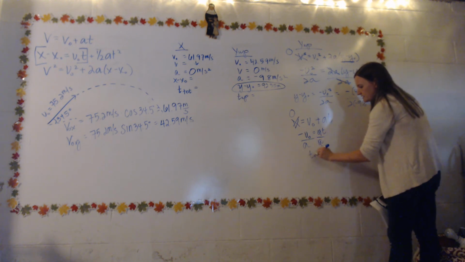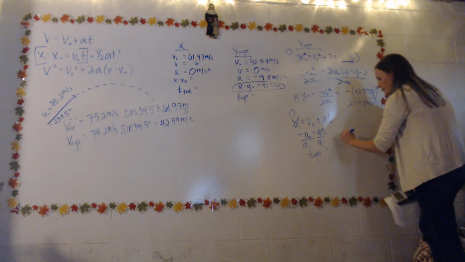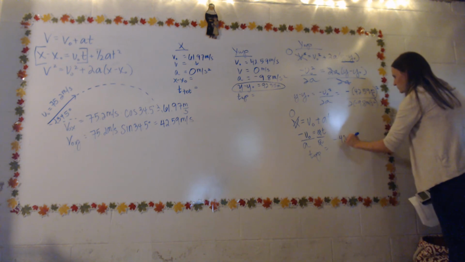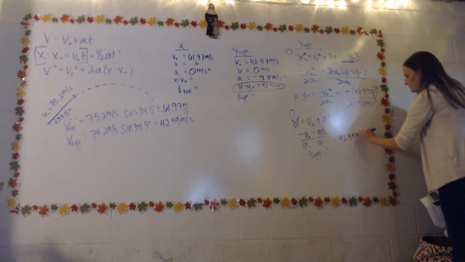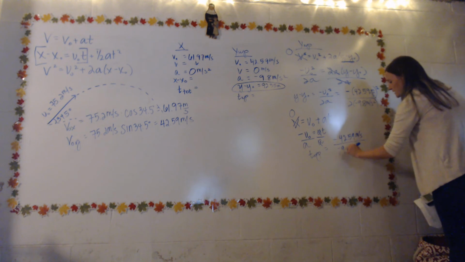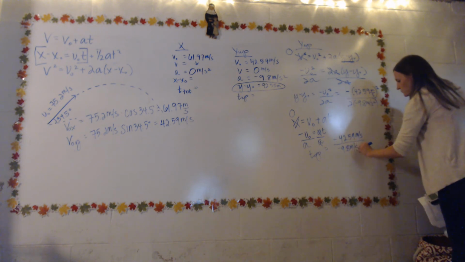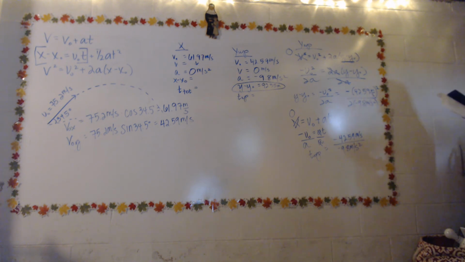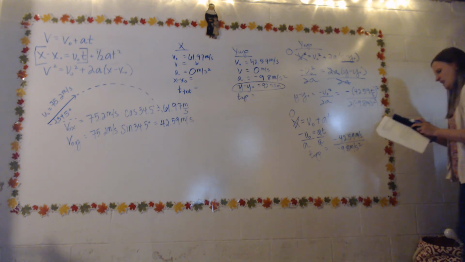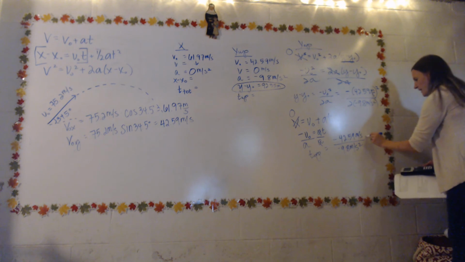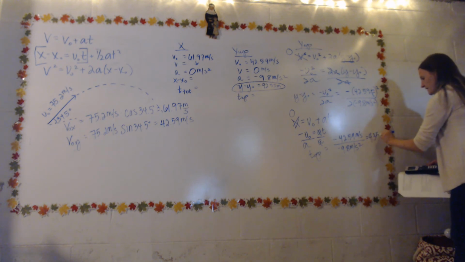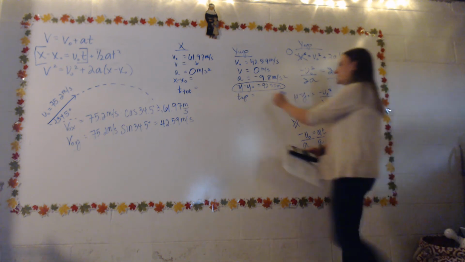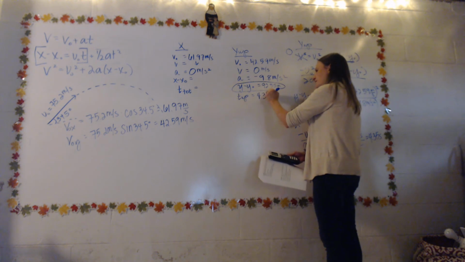So t, and this is t up, is equal to negative v naught, so 42.59, divided by a, which is negative 9.8. This is going to give me a positive time, which is great, because that's what time should be. And I get 4.35 seconds.